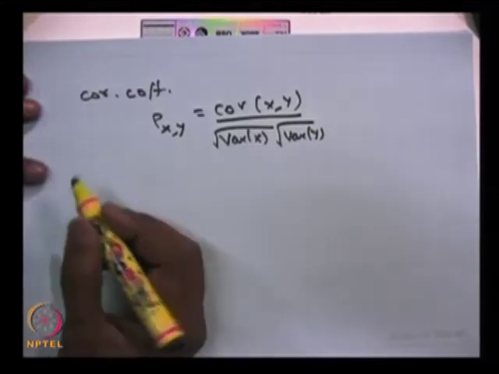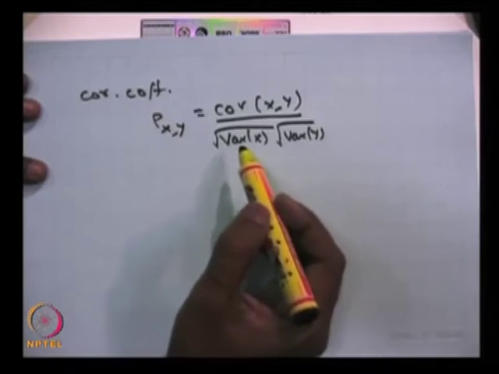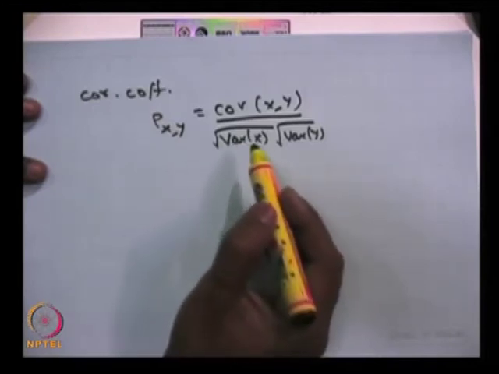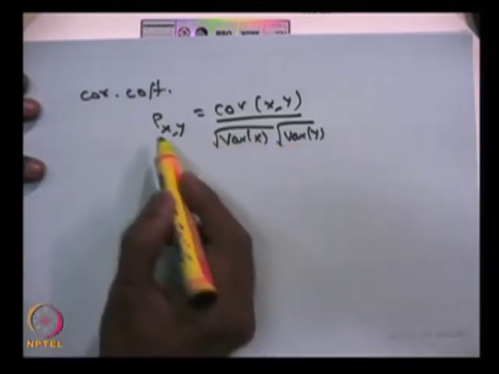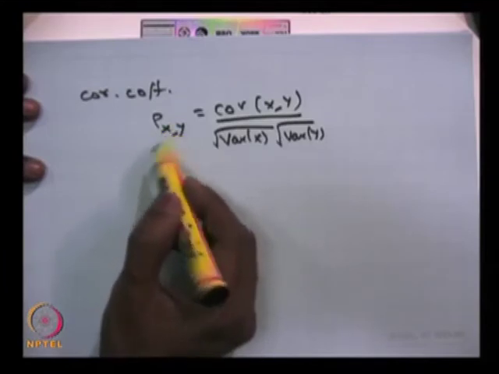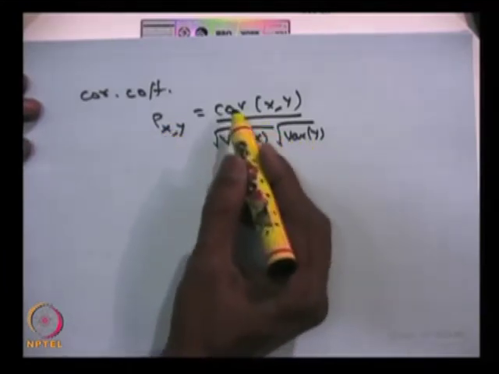That means for the existence of the correlation coefficient, the random variables should have at least a second order moment. Unless the second order moment exists, you cannot find the correlation coefficient between these two random variables, because you are using the variance as well as the covariance.